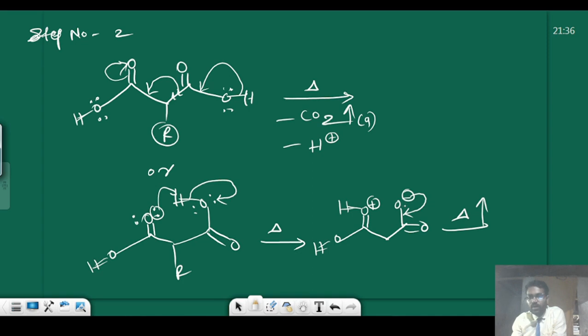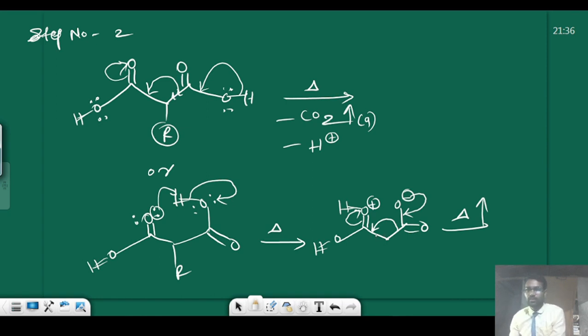When this bond forms, it has to break this old pi bond, and this pi bond will shift onto the oxygen, because a new carbon-carbon pi bond forms here. It has to break the old pi bond, then only can we satisfy the valence of the carbon system.